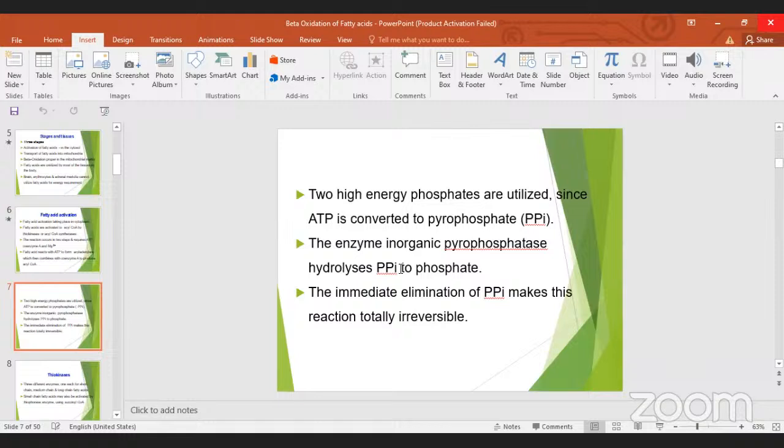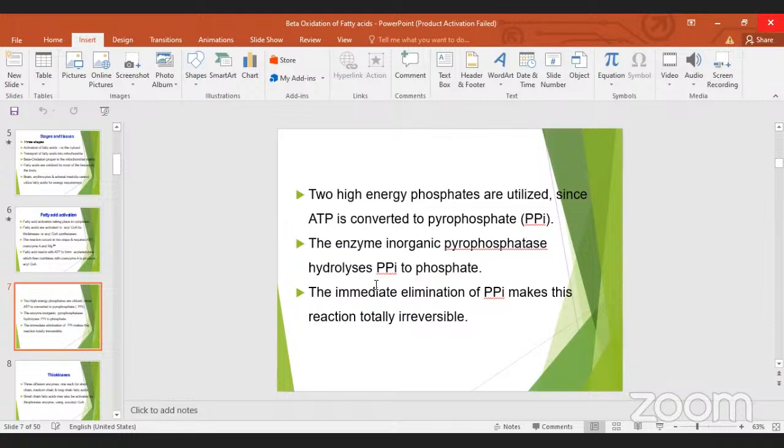Two high energy phosphates are utilized since ATP is converted to pyrophosphate, that is called PPi. What is the name of that one? Pyrophosphate. The enzyme inorganic pyrophosphatase hydrolyzes PPi to phosphate.